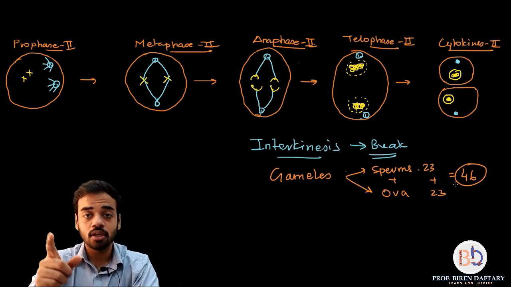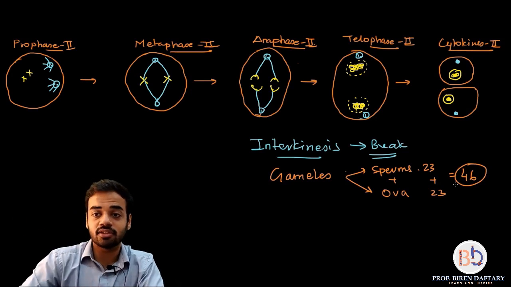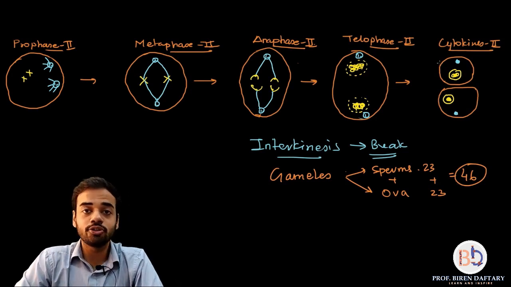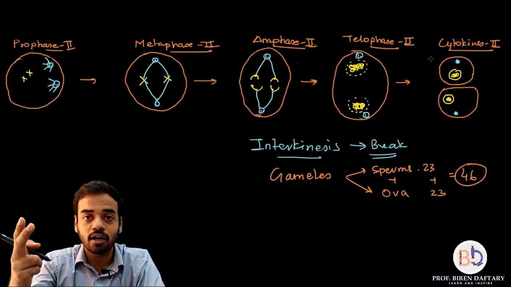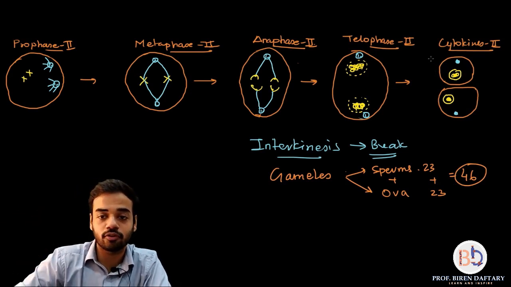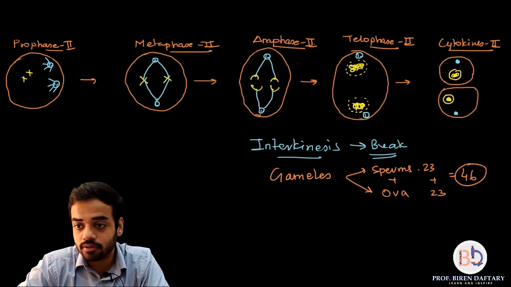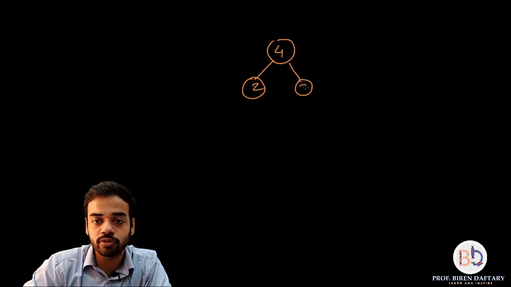Also remember, after meiosis is done, many of you will ask this question: after meiosis 1, 2 cells are formed, and after meiosis 2, 4 cells are formed. Let me go down. We just did this right now. The chromosome number was 4. Then we formed 2 cells with chromosome number 2 each.